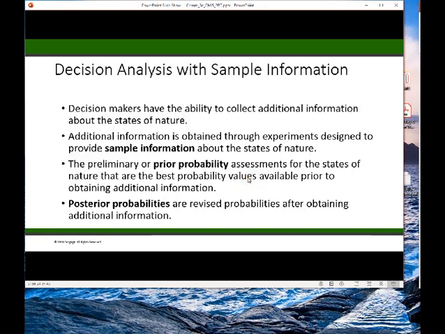What we mean by adding sample information is decision makers have the ability to collect additional information about the states of nature. So they originally did their study and came up with 80% likelihood of a strong demand and 20% likelihood of a weak demand.